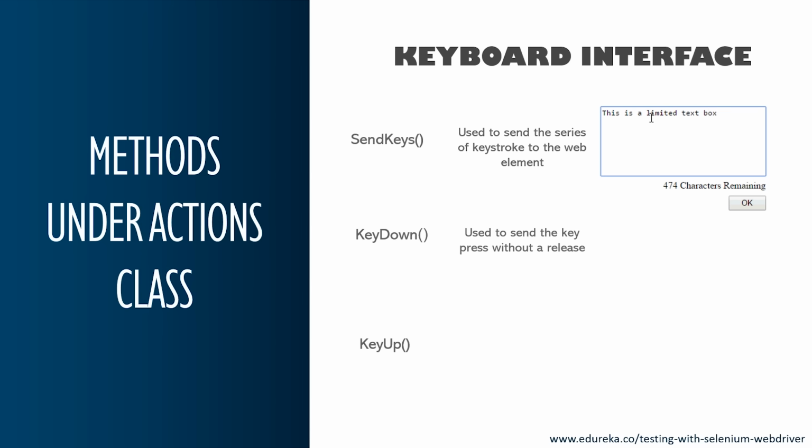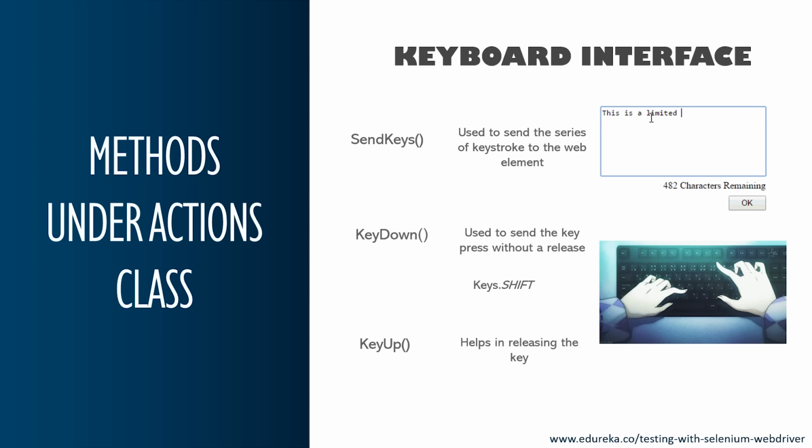The key down method sends a key press without releasing it. So this basically helps in pressing the key. For example, Keys.SHIFT, Keys.CONTROL, and so on. Now let's discuss the key up method. The key up method is used to release the key, for example, key release.